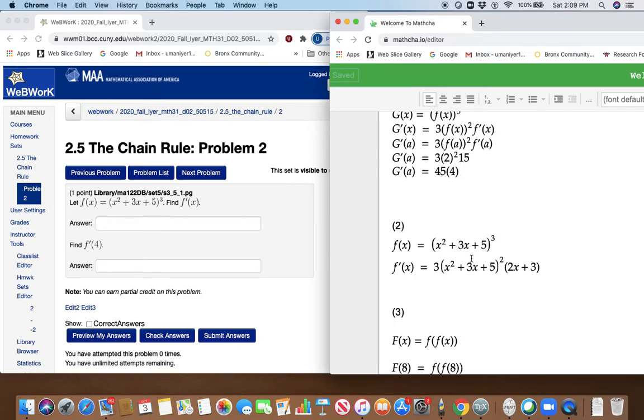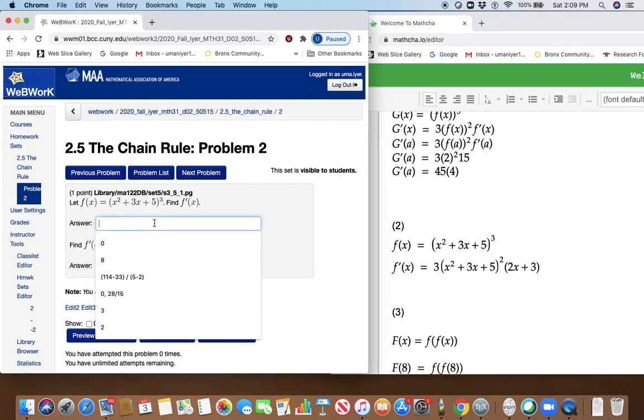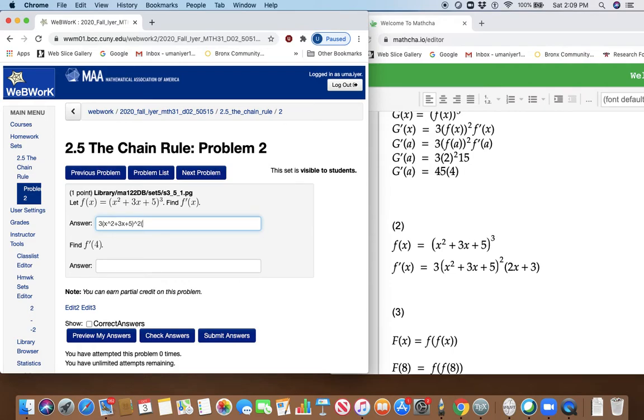The inner object is the same, times, now you take the derivative of the inner object. So it is 3 times (x squared plus 3x plus 5) power 2 and then times (2x plus 3).